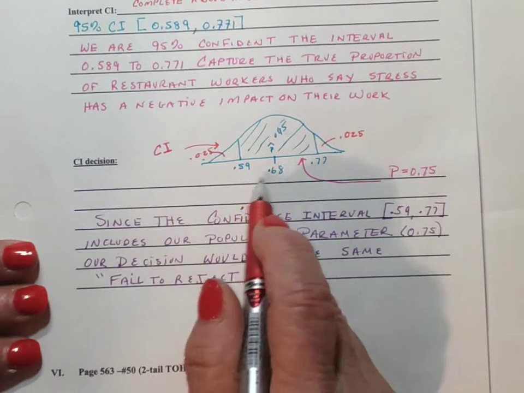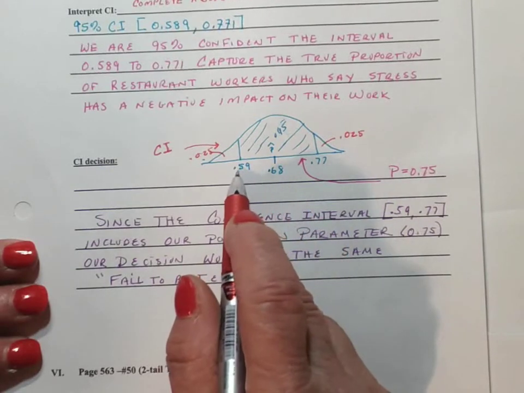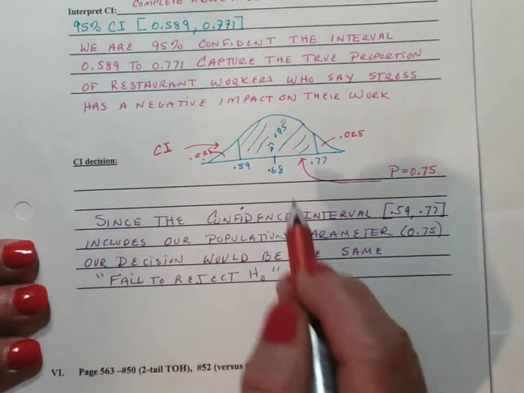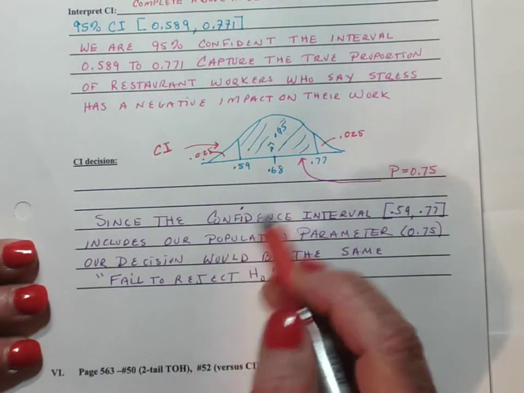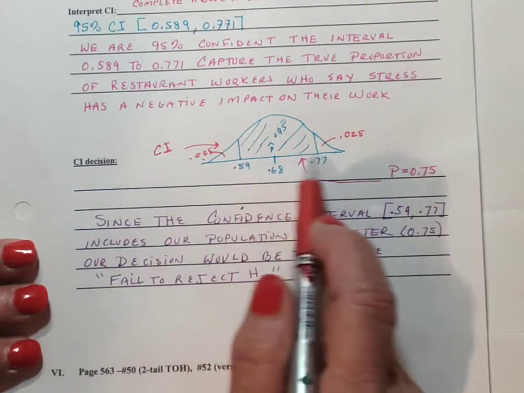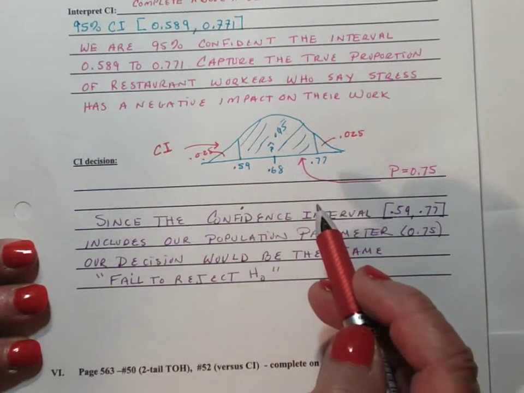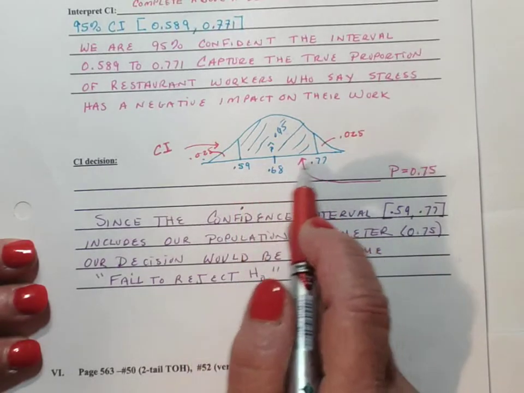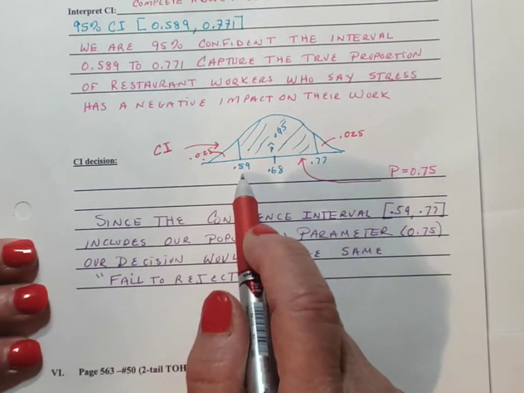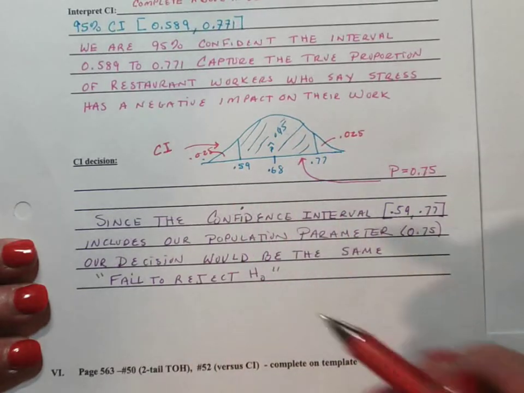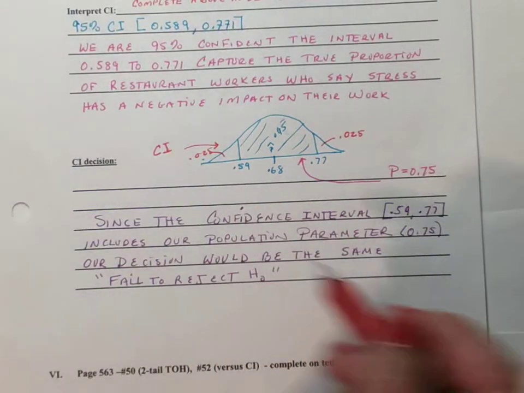With a confidence interval, all the values between the lower bound and the upper bound are possible population parameters. So any of these numbers in here are plausible values. So it gives a lot more information than a test of hypothesis.